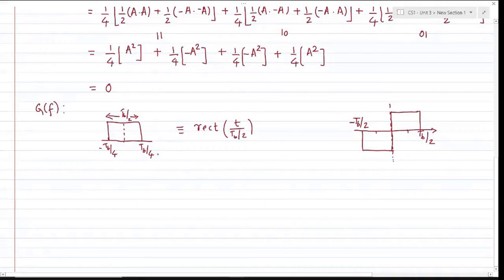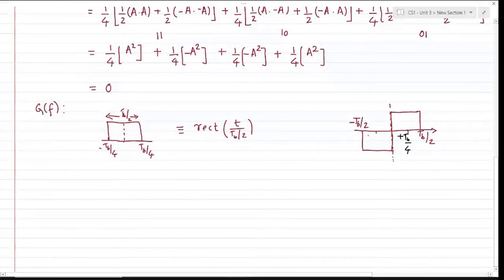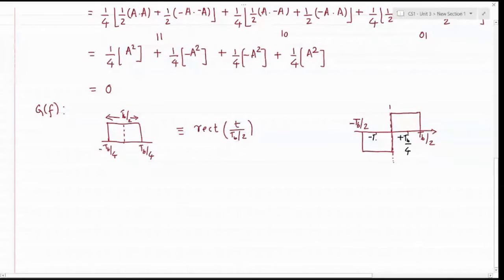All right, so this is nothing but a rectangular pulse, rectangular of t over tb by 2, shifted left and shifted right. Carefully note these points: this is plus tb over 4 and this is minus tb by 4.